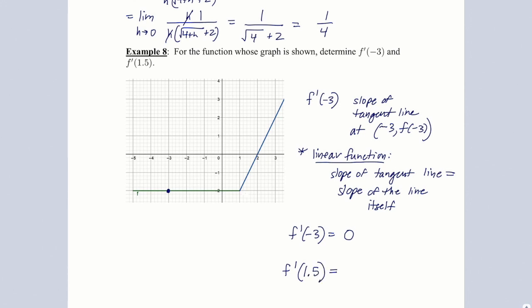So f prime at 1.5, I'll go to 1.5, f of 1.5, and I can see again this is linear. So the slope of the tangent line is the same as the slope of the line itself. And it looks to me like that's slope 2. I'm going up 2 and right 1 between points. So the slope is 2. So the derivative is 2.